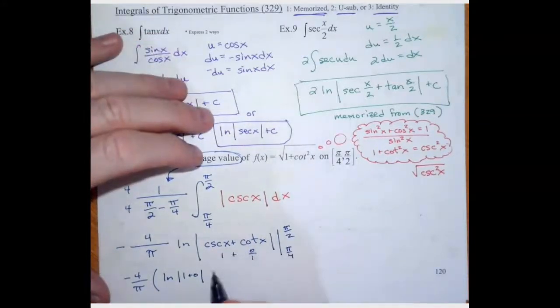Plugging in pi over 2. And then you're going to get minus the natural log plugging in pi over 4.